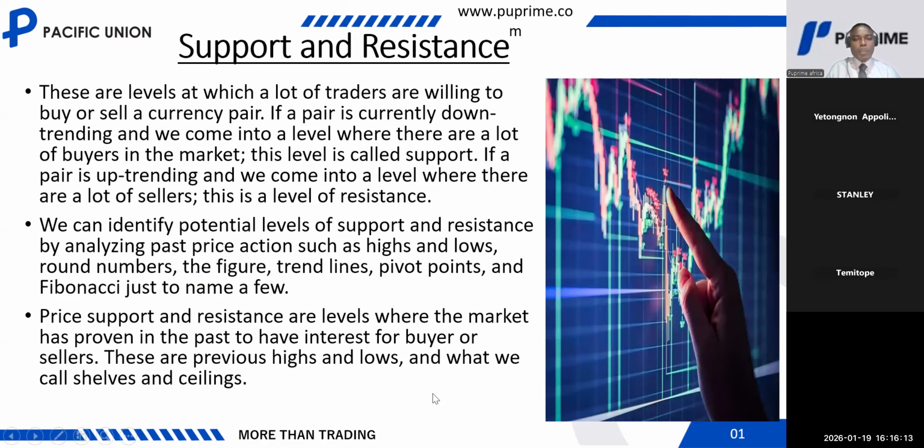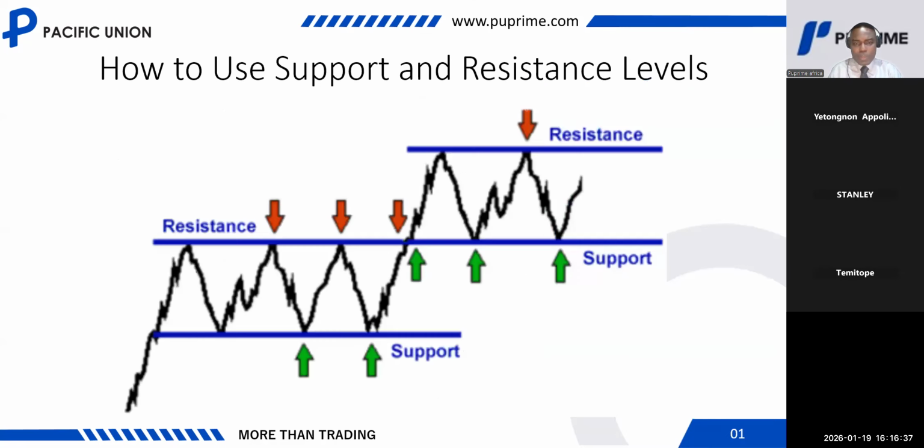So support and resistance are levels at which a lot of traders are willing to buy or sell a currency pair. If a pair is downtrending and comes into a level where there are a lot of buyers in the market, this level is called support. If a pair is trending up and comes into a level where there are a lot of sellers, this is called resistance. Okay, I think we should move further.